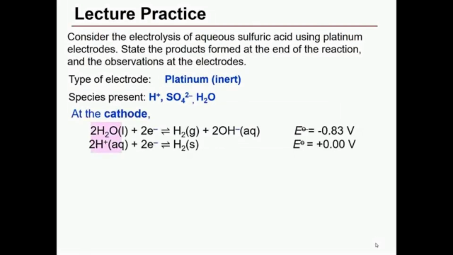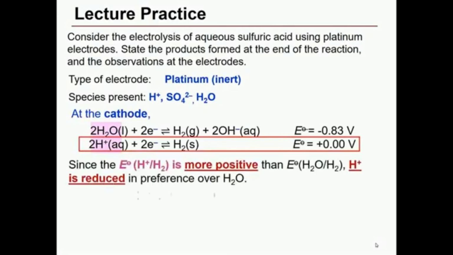At the cathode, the H+ cation could be reduced or the water molecule could be reduced. So from the E0 values given, the one with the more positive E0 value will be the one that undergoes reduction.